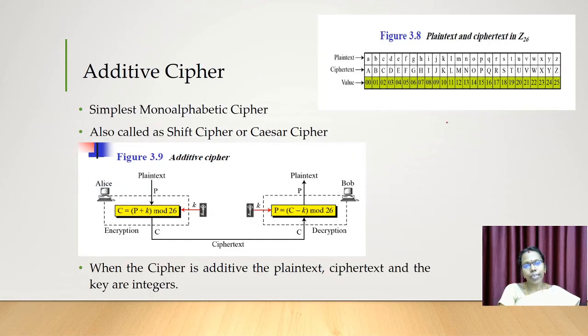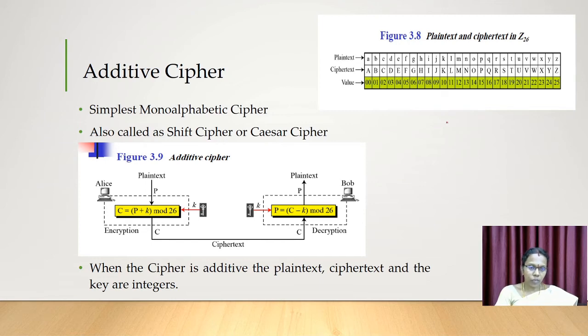The second case is the additive cipher, which is the simplest one. It is also called the shift cipher or Caesar cipher. Here the plain text, ciphertext and key values are considered over the 26 alphabetic letters, numbered from 0 up to 25. The picture shows how the additive cipher works.